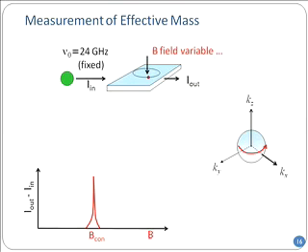Then I have that, and I could calculate from that information. Nu naught is known, the magnetic field of the resonance is known. I could calculate the m star, and that is something I have done in the last class.